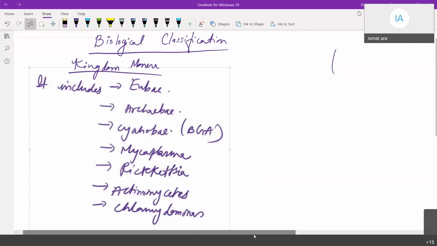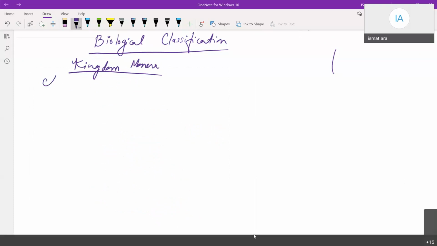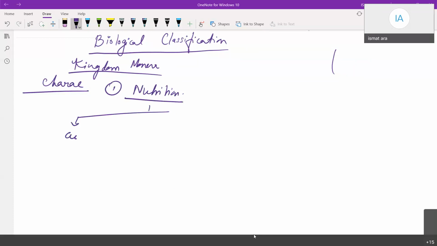The first characteristic is nutrition. They are autotrophs, as I told you earlier. Two kinds of autotrophs: photoautotrophs and chemoautotrophs, just a quick revision.